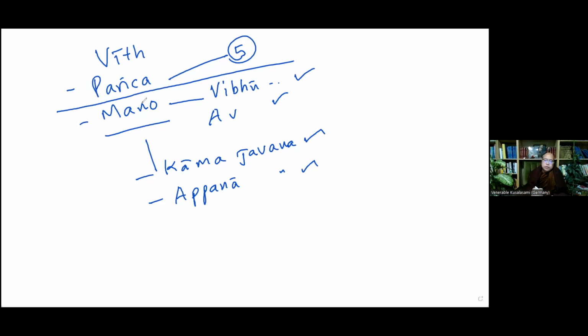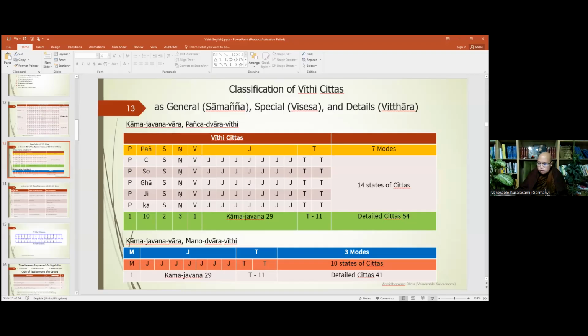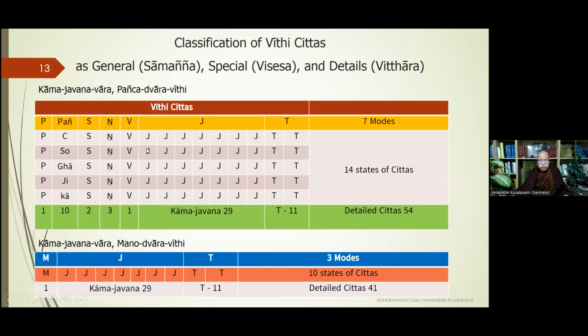Before we start the Manodwara Vithi, we have to continue with this one. Last week we talked about this. I don't know how to say it, but it is like digesting the previous lesson.